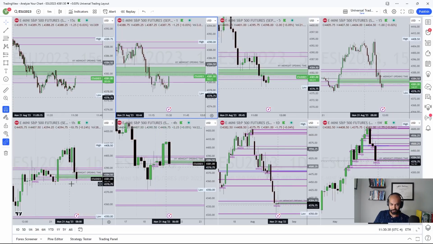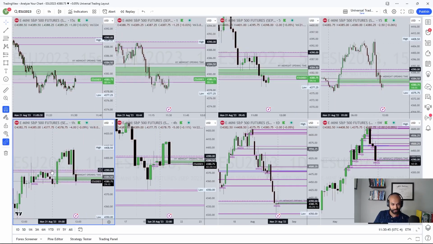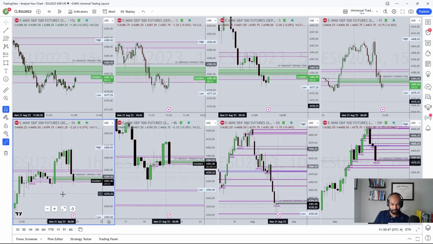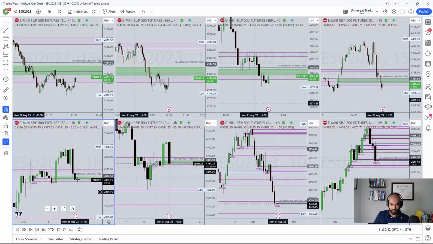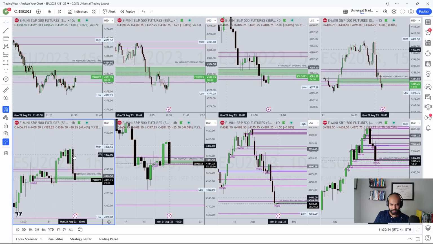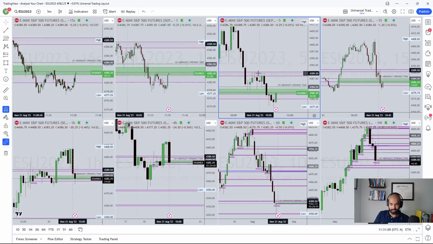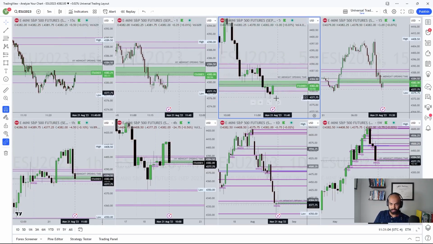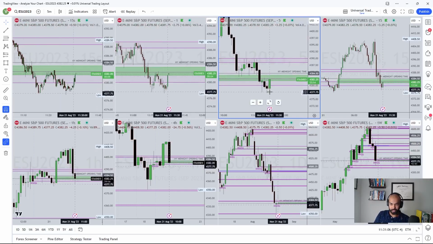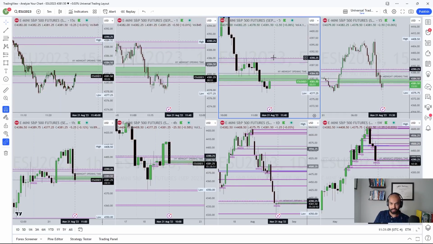I don't know if we are or not, but I remember ICT saying whoever's made the money during the day, that's usually where the lunch macro is going to target. So there's a bunch of liquidity here, means there's a bunch of stops. So it is possible to take a trade from wherever we are here to up here as a target during lunch macro. So I may try to trade that and see how that goes.